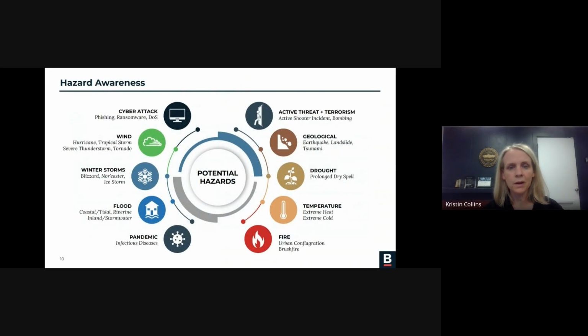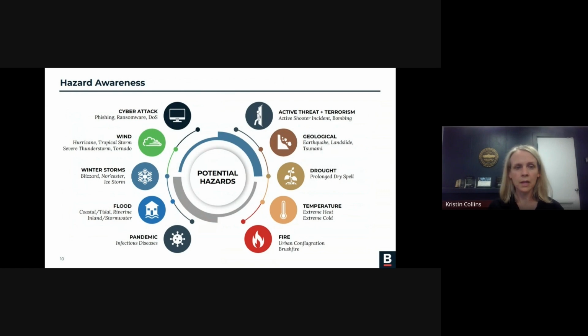So here in the city of Boston, these are some examples of potential hazards that could impact your business. Some of them are human-caused, like a cyber attack or an active threat or an act of terrorism. But many of them are natural hazards.